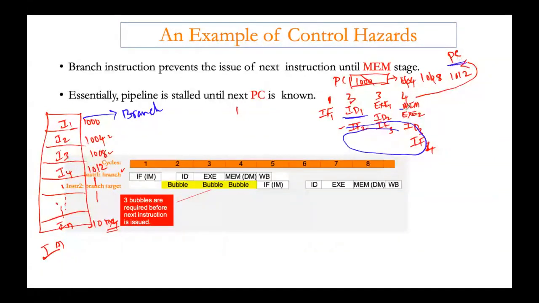At what stage is the program counter updated? In the fourth cycle, in the memory stage. So until the effective address is calculated, no instructions will be allowed.